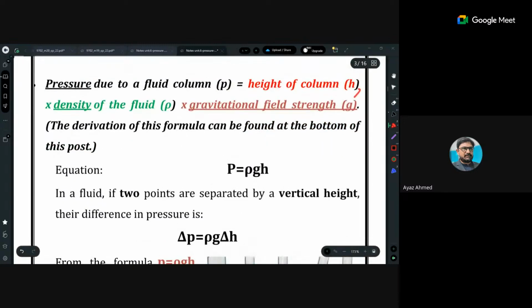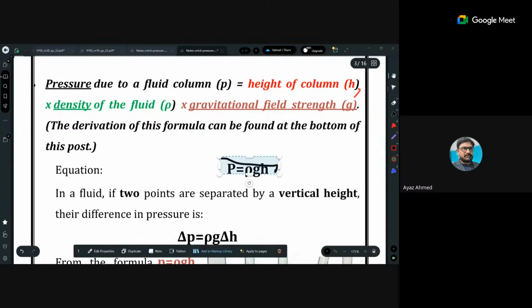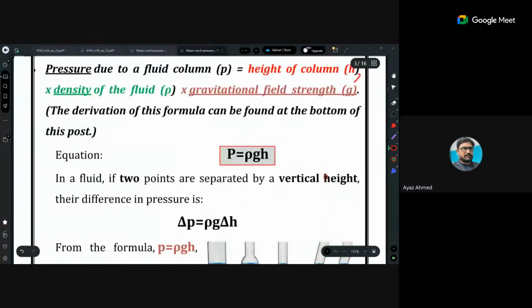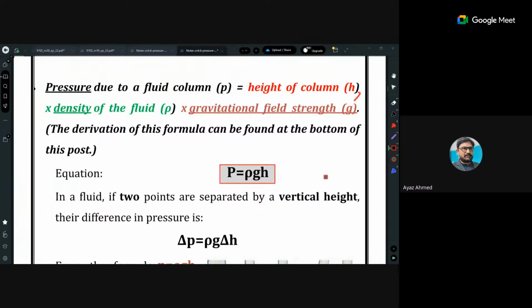So due to all this, you get a single equation: the pressure of the liquid is equal to rho gh, where rho is the density, h is the height of the liquid column above the point where you are considering the pressure, and g is the gravitational field strength. Is it clear to you?